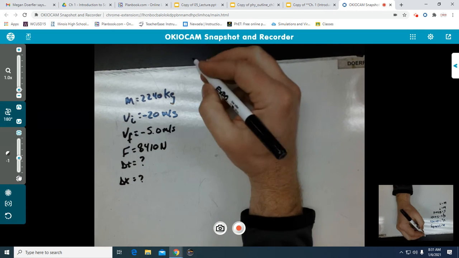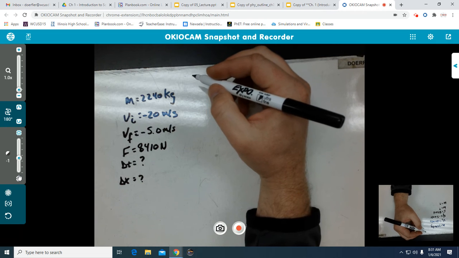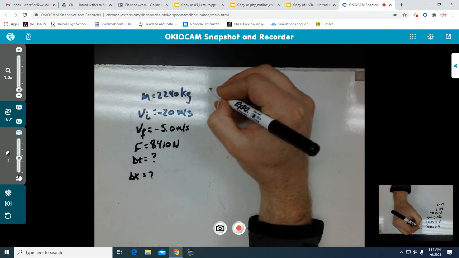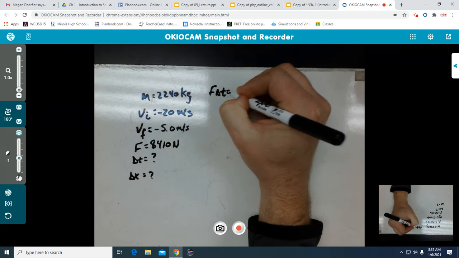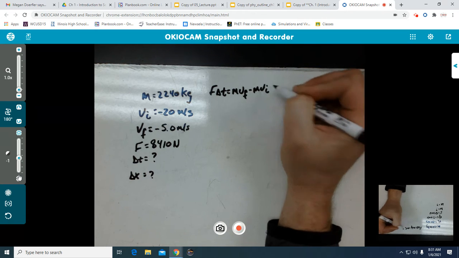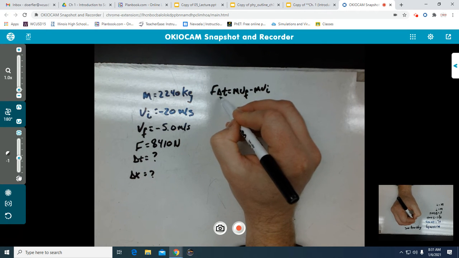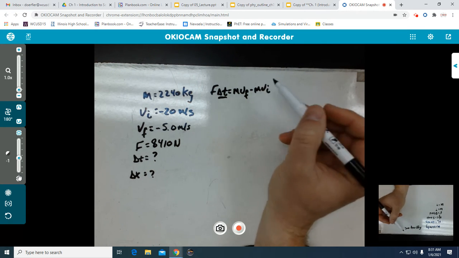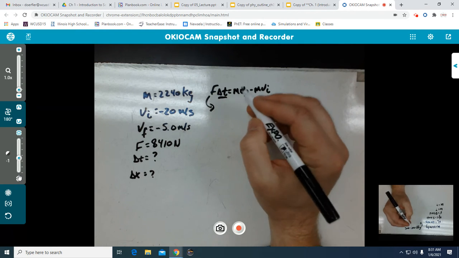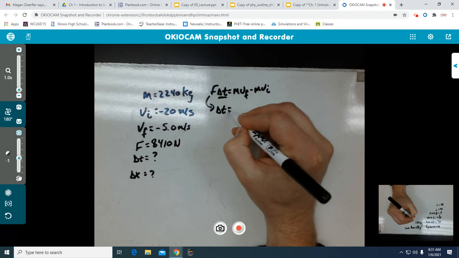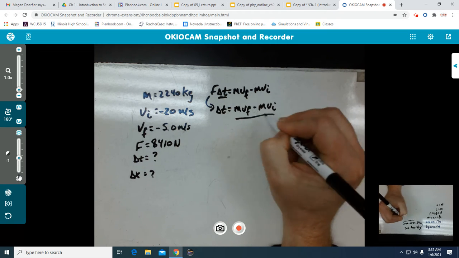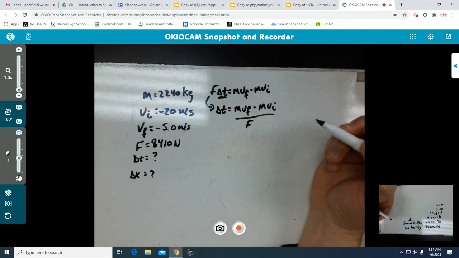Going back to our impulse momentum theorem, the formula is F delta t is equal to mvf minus mvi. In this case, we are solving for t, so we need to rearrange this equation. We're going to get delta t is equal to mvf minus mvi all over the force.